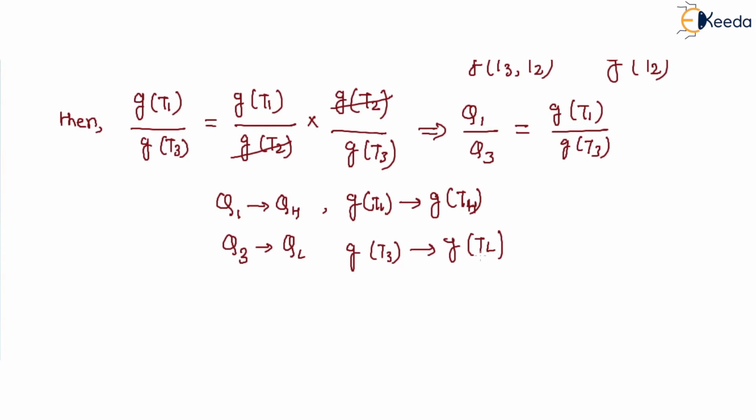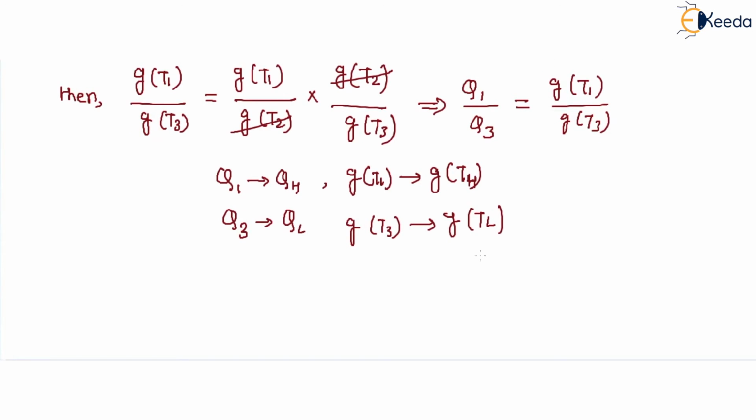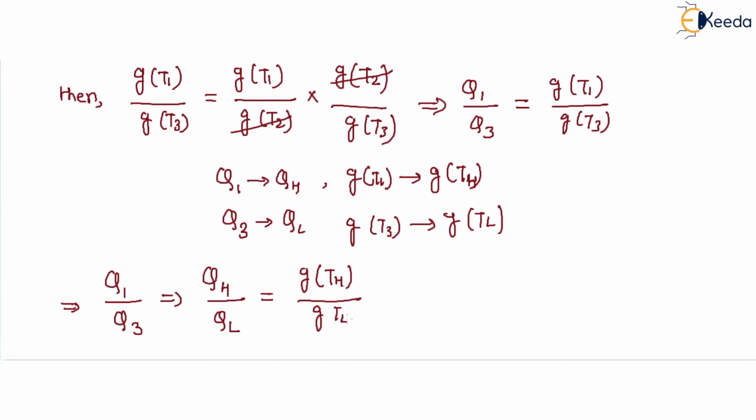So we can write that Q1 by Q3, that means QH by QL, is nothing but g(TH) by g(TL).